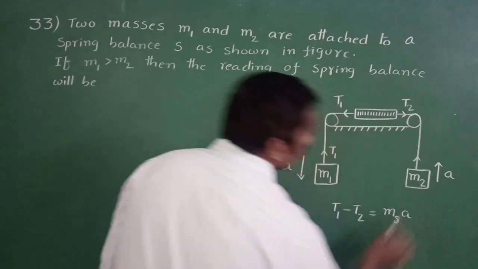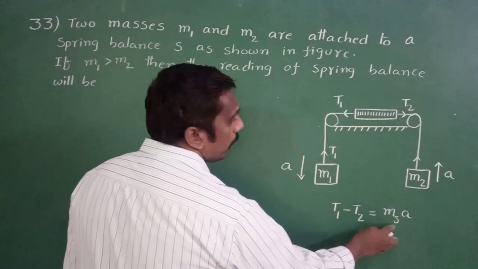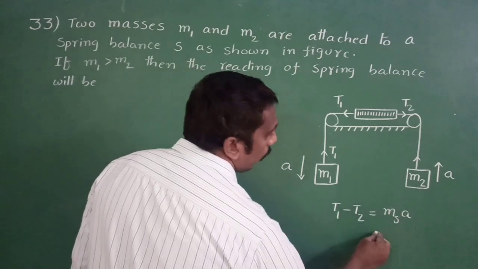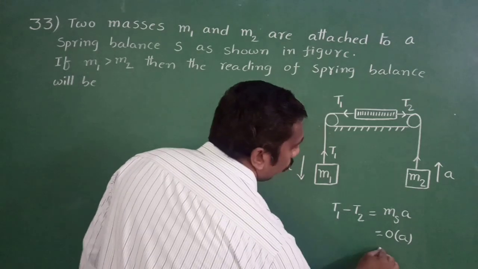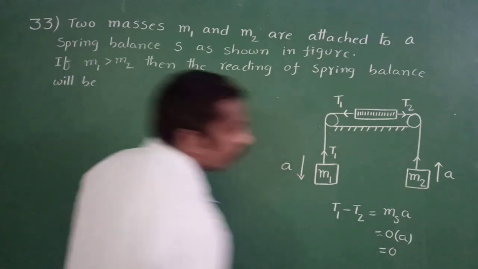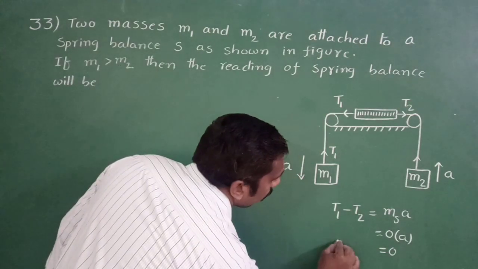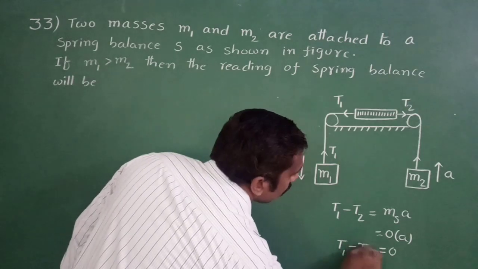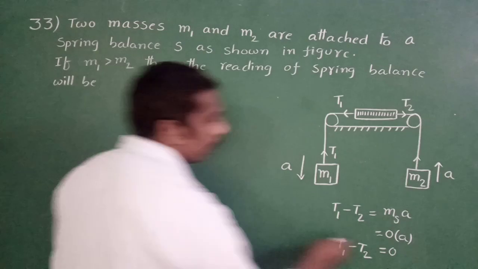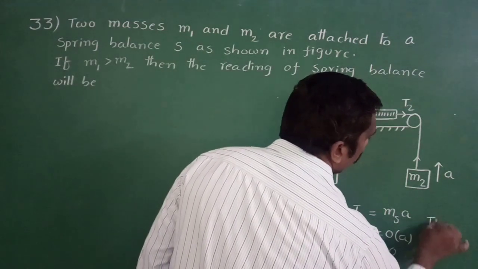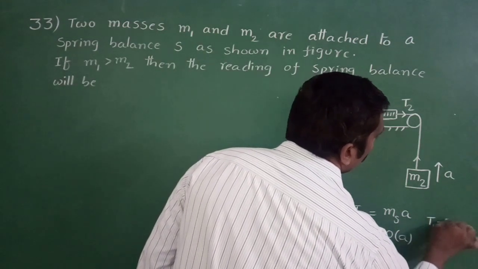But the mass of the spring balance is taken as 0. 0 into a gives 0. From this equation we can say tension T1 is equal to T2. Here two tensions are acting, but from this we can say T1 is equal to T2.